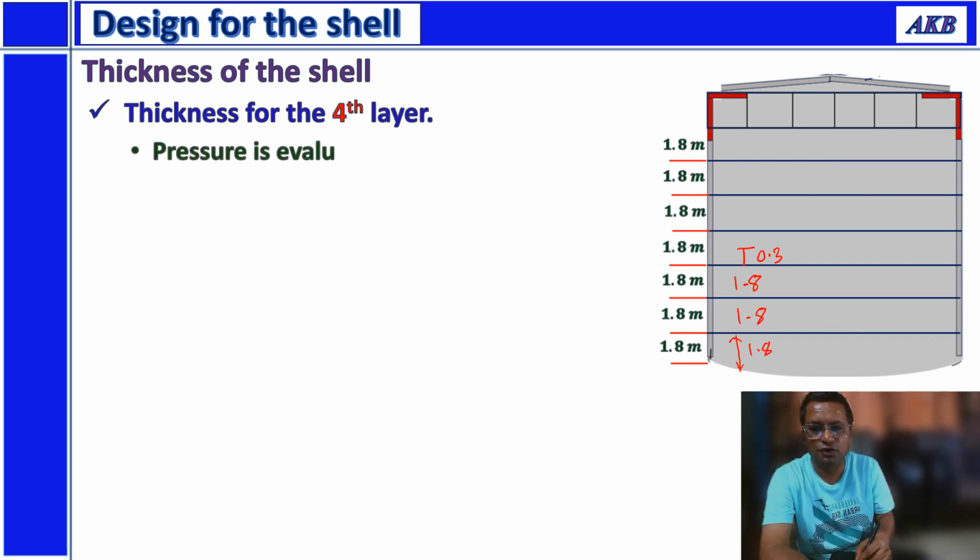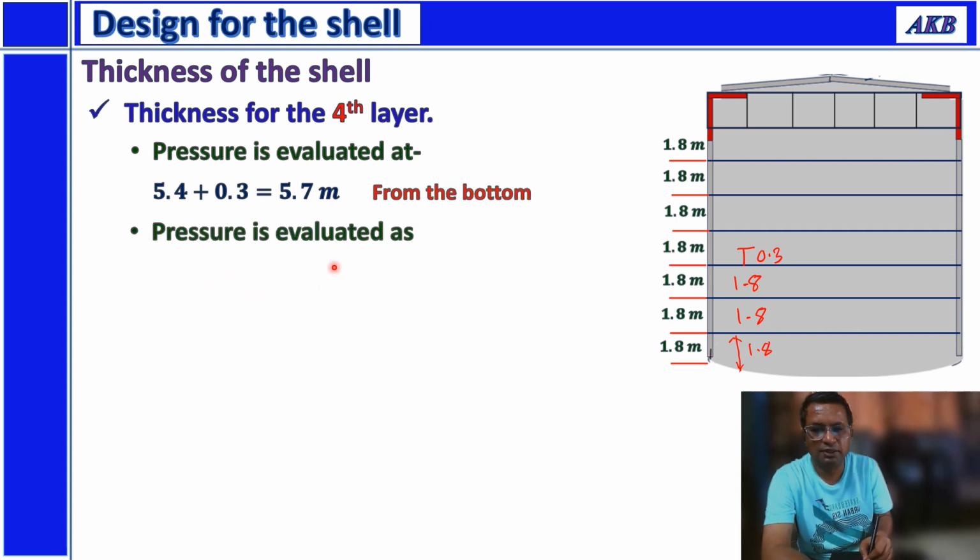So pressure is evaluated at 5.4 plus 0.3. 1.8 plus 1.8 plus 1.8 is 5.4, plus 0.3 for the fourth layer. So the height involved will be 5.7 meter from the bottom.